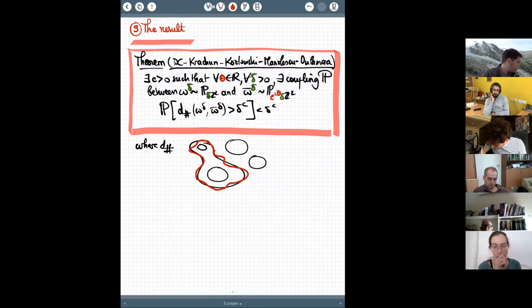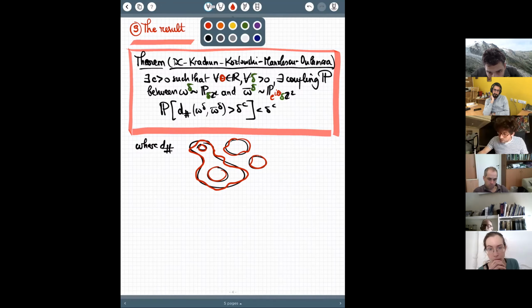And you say that you are small if all the loops in the first collection have a loop in the second that is close to them. If you think about it, you are going to end up with this distance. This is really the natural distance to measure distances between collections of loops. Okay? So this is what we call the Camia-Newman distance.